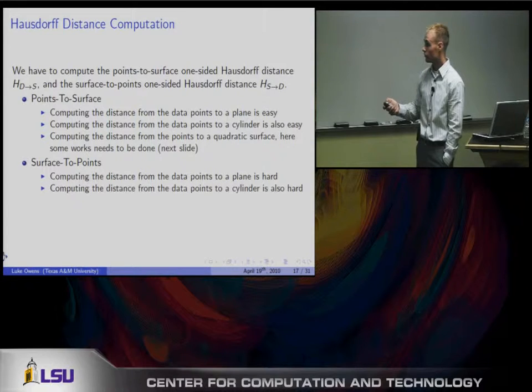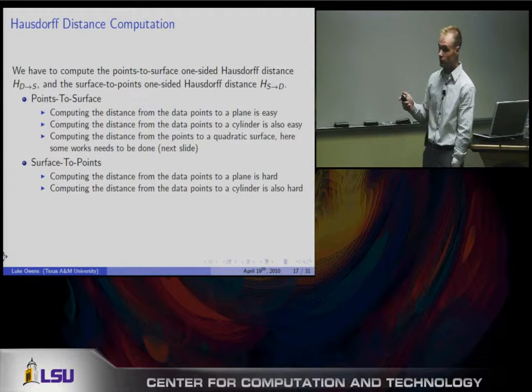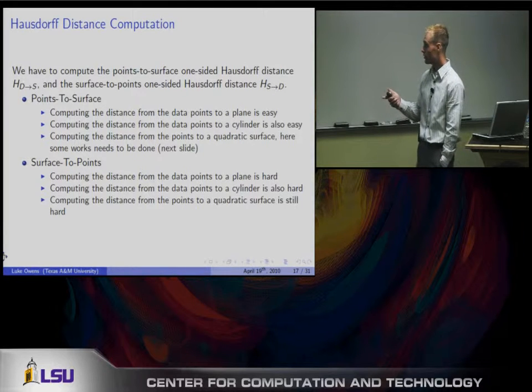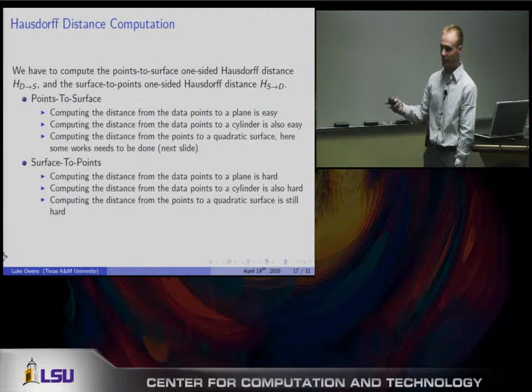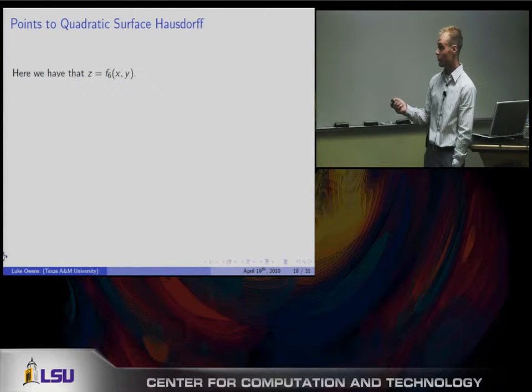That's hard. Computing it from a cylinder to data points is also hard, and from a quadratic surface to data points is still hard. So we need some way to handle this, and since this is the most time-consuming part of our code, we really want to speed this up.